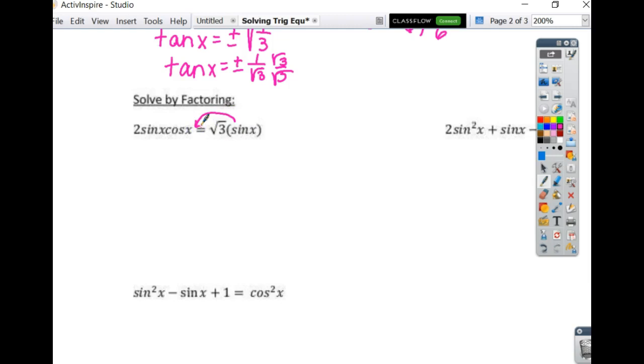I know how to do it, so I don't need to write it down. So what do the two things have in common? Sine of x, right? So I'm just going to take out a sine of x.